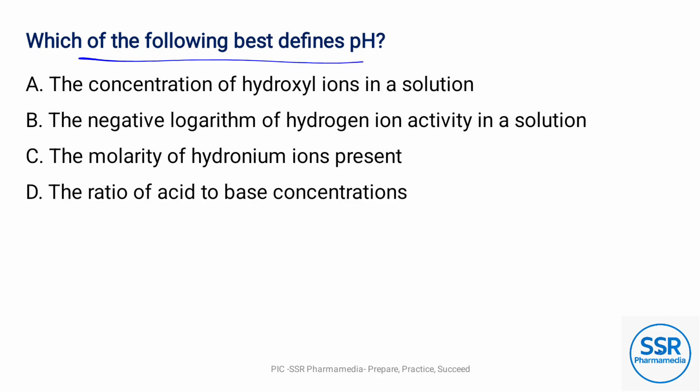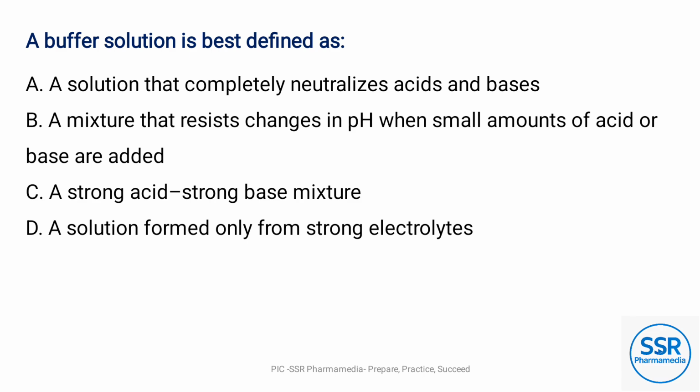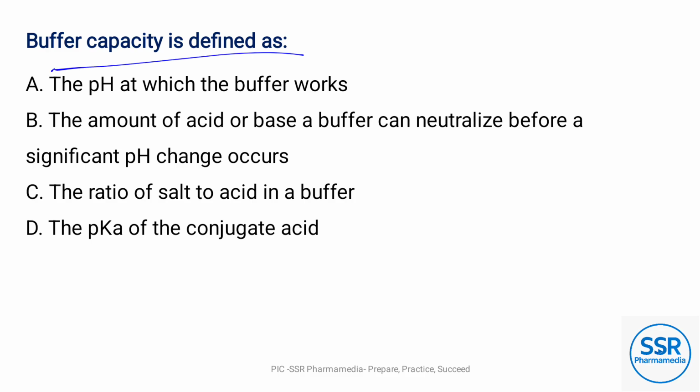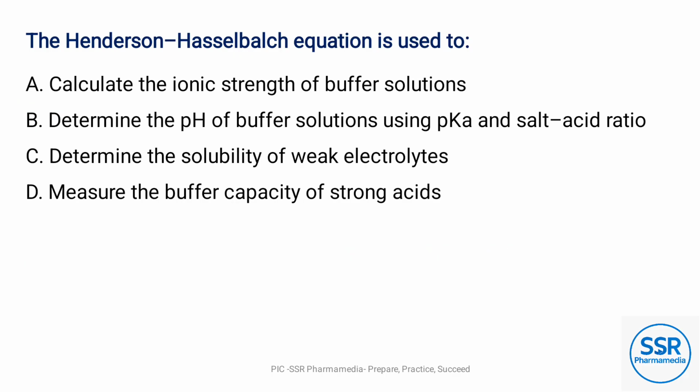Which of the following best defines pH? Option B, the negative logarithm of hydrogen ion activity in a solution. A buffer solution is best defined as, option B, a mixture that resists change in pH when small amounts of acid or base are added. Buffer capacity is defined as, the answer is option B, the amount of acid or base a buffer can neutralize before a significant pH change occurs.